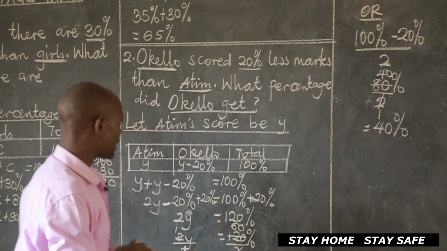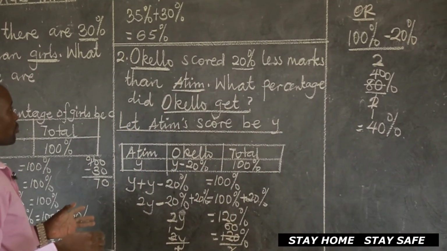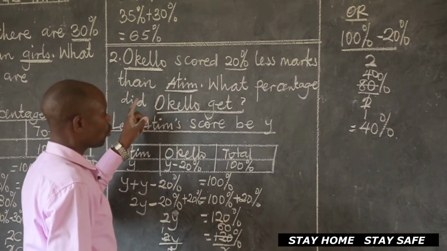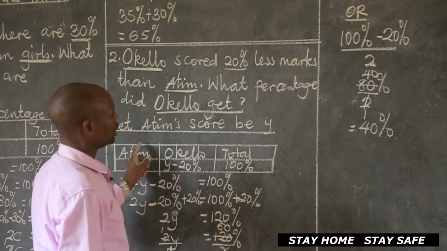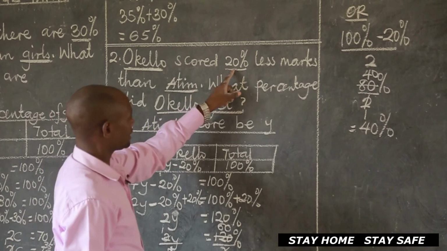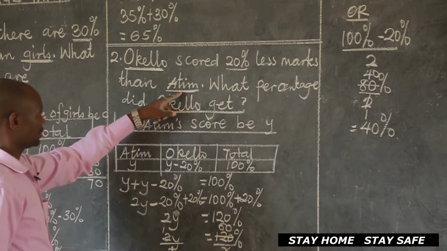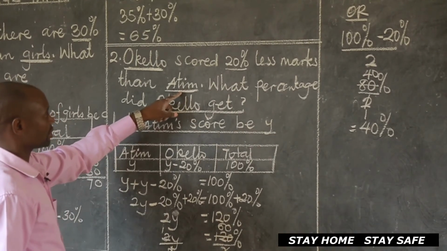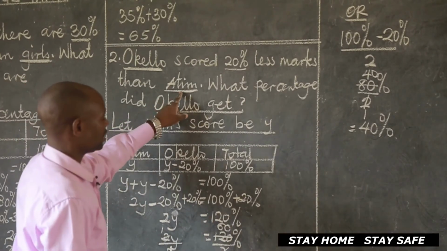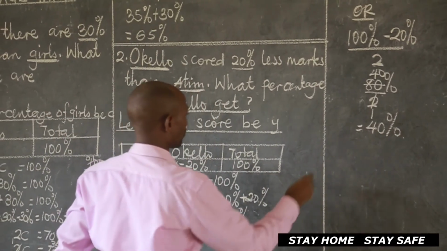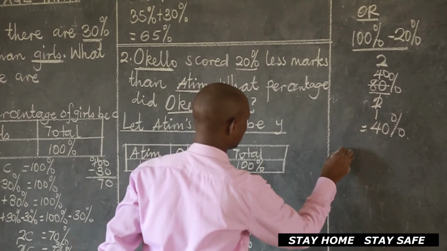But if the equal percentage is 40, go back to the question. They have told you that one of them is 20% less than this one. So in this case, what are we going to do? It means if the equal one is this one, come and write their names.